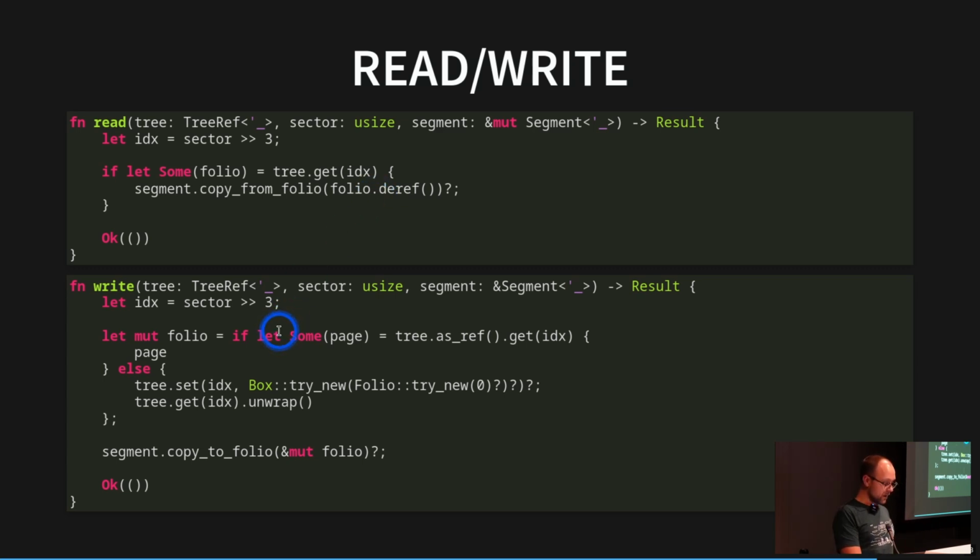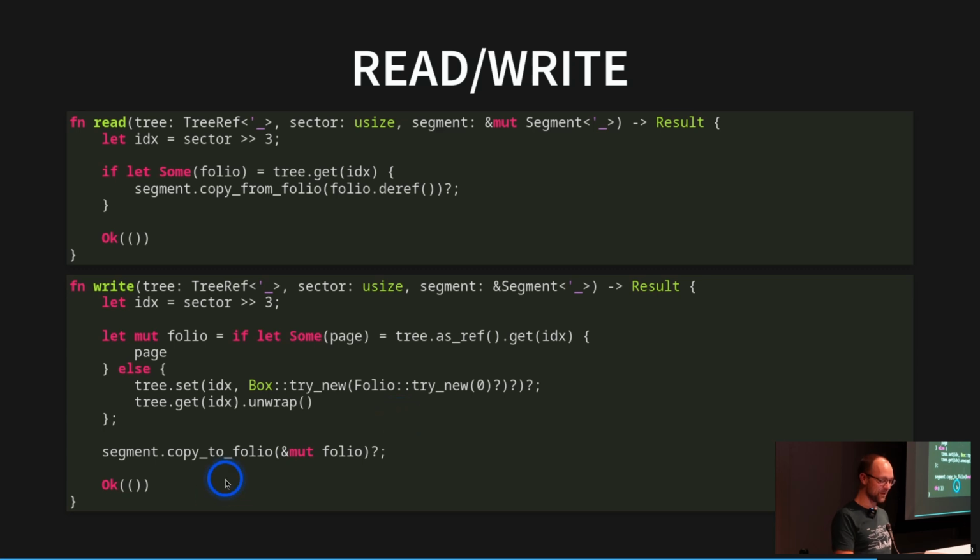Or on writes, we can ask our tree, do you have anything for this index? If yes, then we just get it. Otherwise, we can insert it. We don't have any locking issues here because at this point in time, we already have a lock for this tree. And let's hope that the allocation of this new page doesn't sleep.